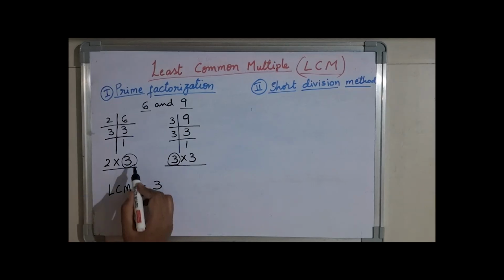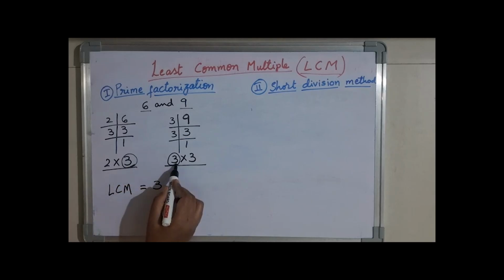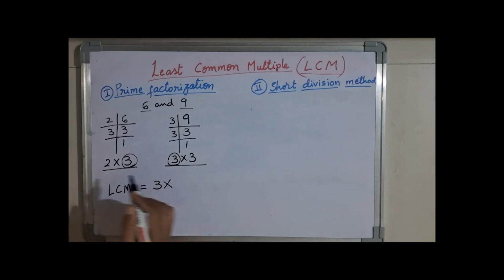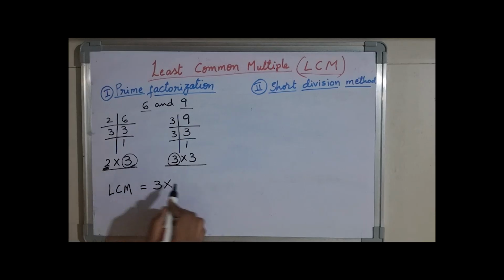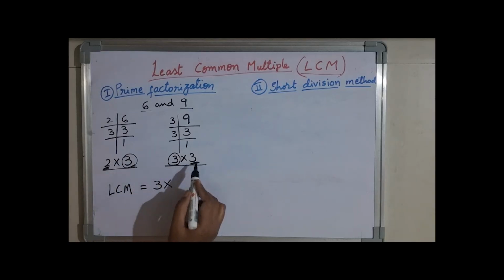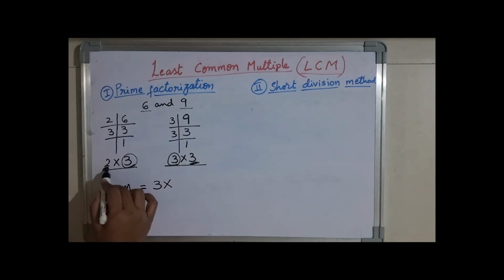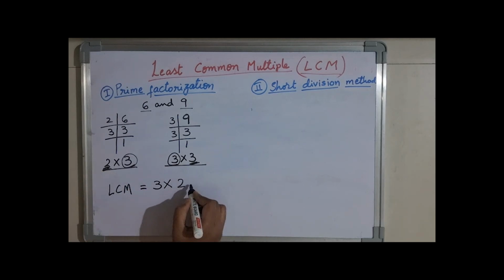If you find any common prime factors in both prime factorizations, you write that number, and this is multiplied by whichever prime factors are not common. You have to include those prime factors also. So here 2 is there, multiplied by this 3.